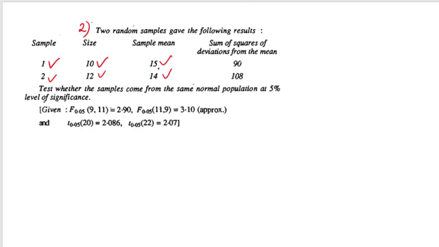Now notice here they have provided us the sample mean, and the sum of squares of deviation from the mean, that is summation (x minus x bar) square is equal to 90, and summation (y minus y bar) square is equal to 108.